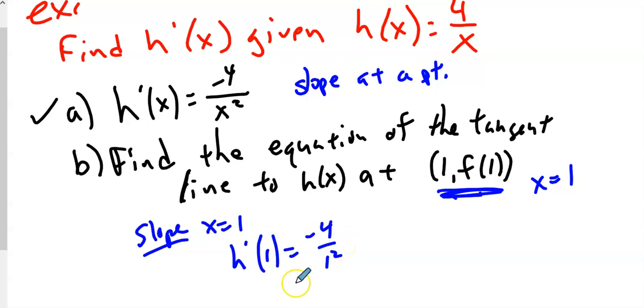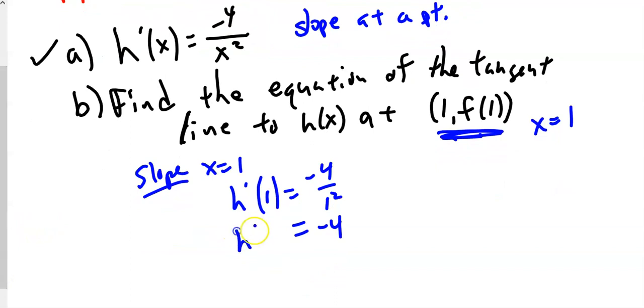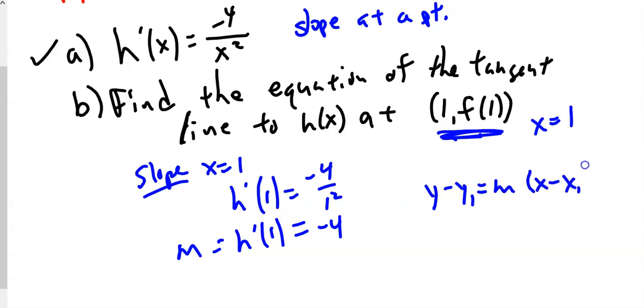That would give us negative 4, which again is our derivative, which again is our slope. So we have slope at x equals 1 is negative 4. Okay? So if we write an equation of a tangent line, the tangent line is going to be a straight line. So again, we can do point slope form, which is y minus y1 equals m times x minus x1.